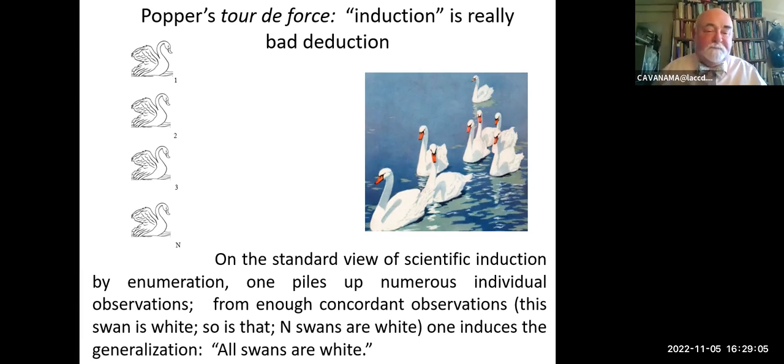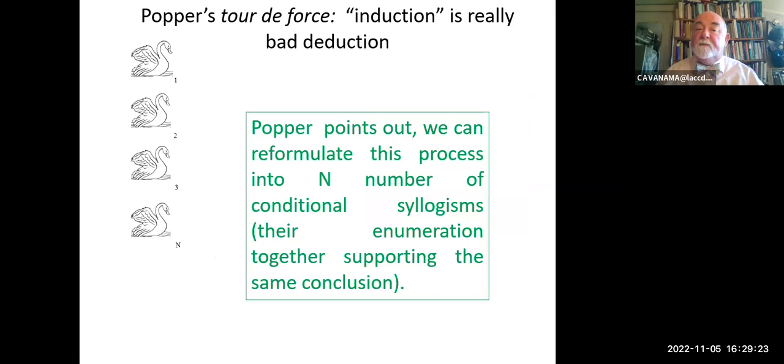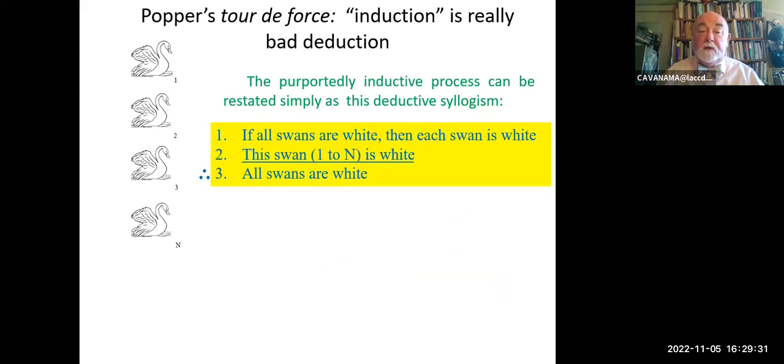Take our swans again. On the standard view of scientific induction by enumeration, we looked at that in the previous lecture, one piles up numerous individual observations from enough concordant observations. This swan is white, that swan is white, n swans are white. One induces an ampliative generalization, all swans are white. Popper points out we can reformulate this process into n number of conditional syllogisms, their enumeration together supporting the same conclusion.